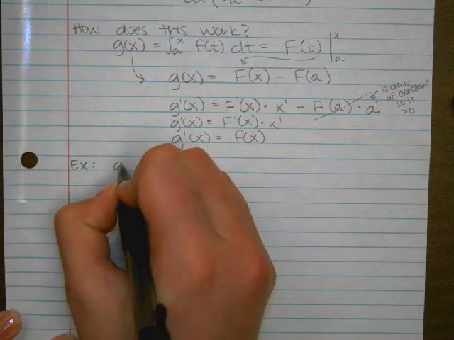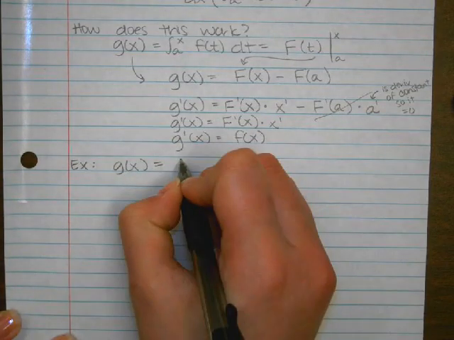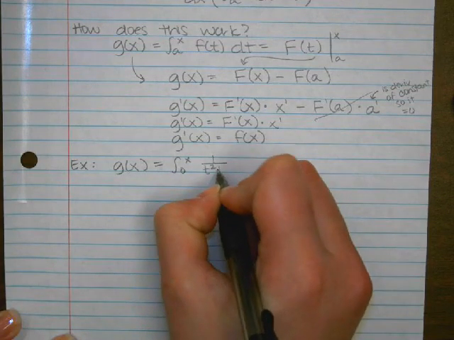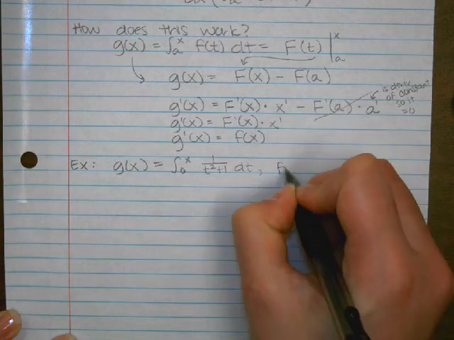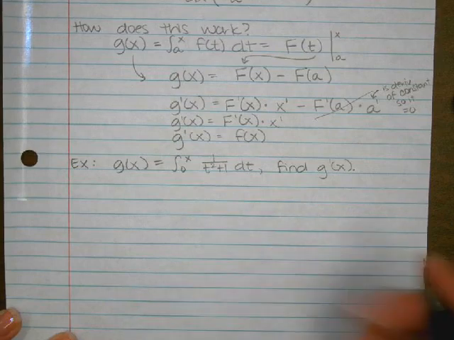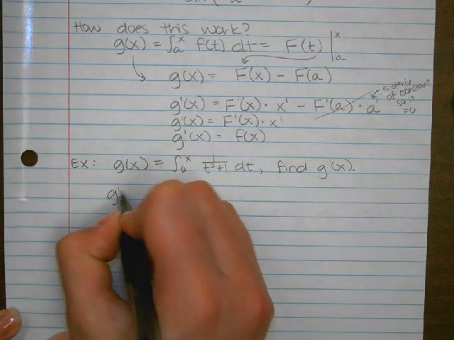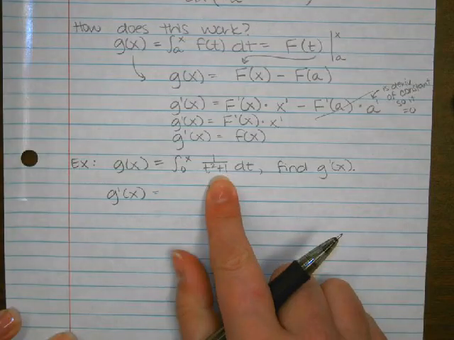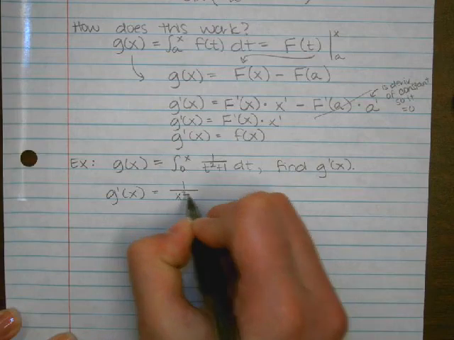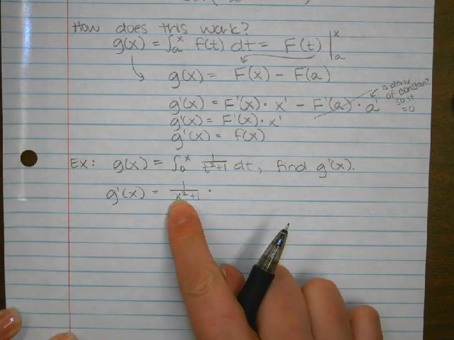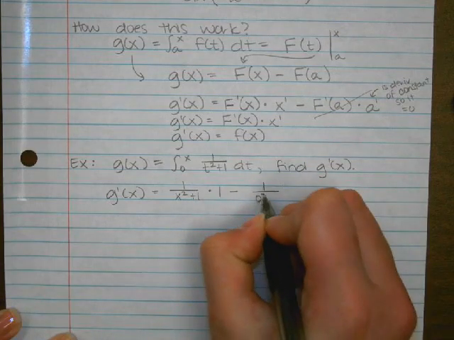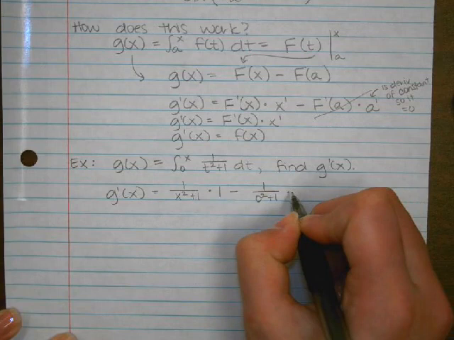If we have g of x equals the integral from 0 to x of 1 over t squared plus 1 dt, and they want you to find g prime of x, then g prime of x equals this function, 1 over x squared plus 1, times the derivative of x, which is just 1, minus 1 over 0 squared plus 1 times the derivative of 0, which is 0.